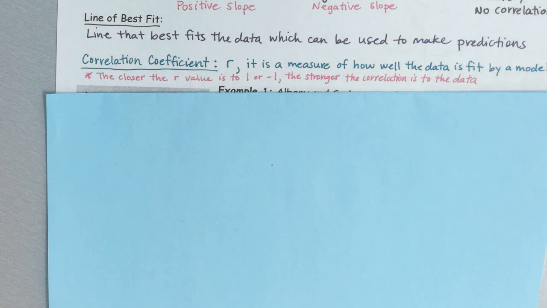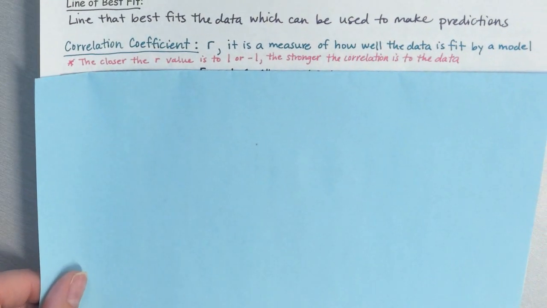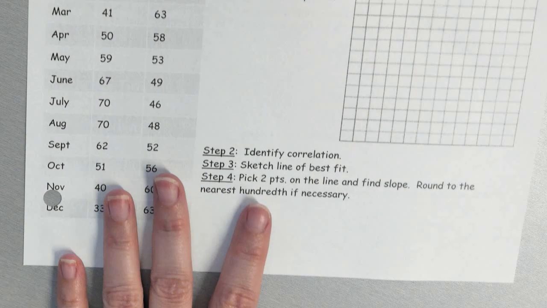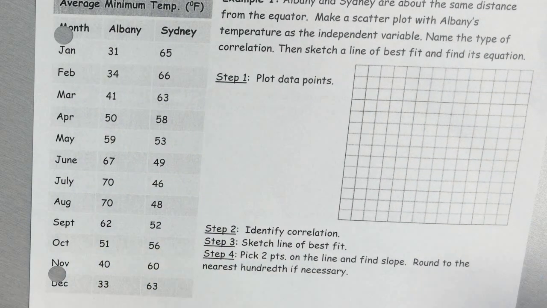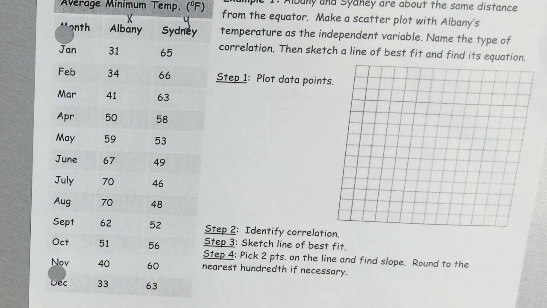So I like to label those right away. And then we do have to make sure that we are taking that into account when we start to make our graph. So, okay, this is my x, this is my y.